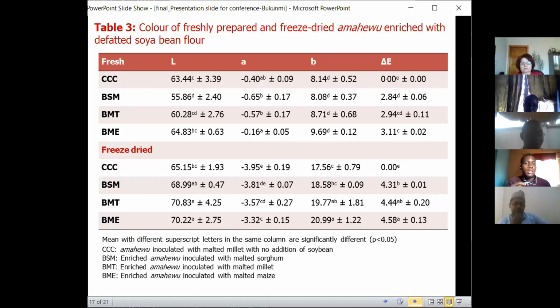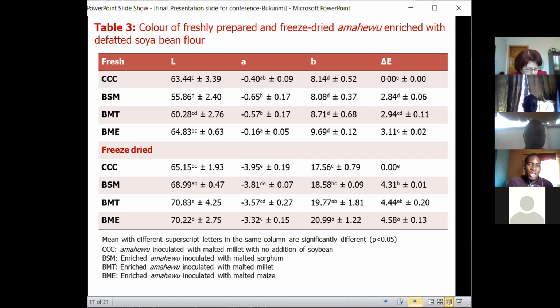This is the color parameter for the freshly prepared sample and the freeze dried sample. The samples were freeze dried because of analysis that will be carried out after the production of the sample, to keep the sample. You can see from here that the freeze dried sample has greater values for the L value, which is whiteness, and all other parameters were significantly low.